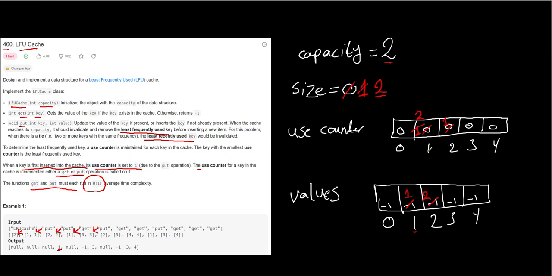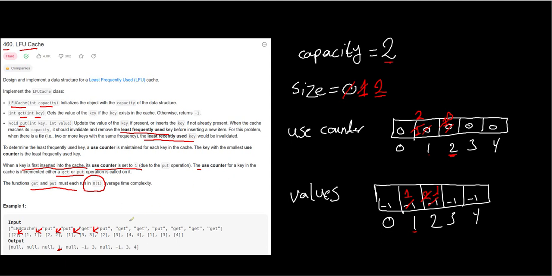Here we have key 1 with a count of 2 and key 2 with a count of 1, so the least frequently used is key 2, so we will invalidate this key, and we reset the counter to 0 and the value to -1.